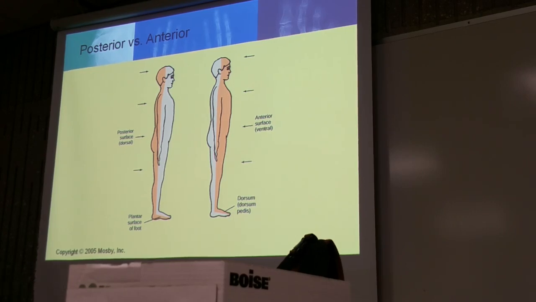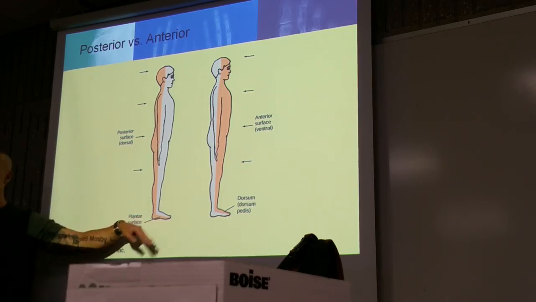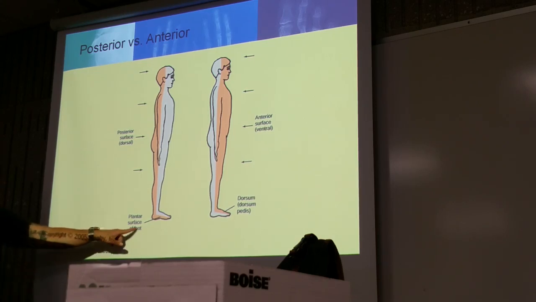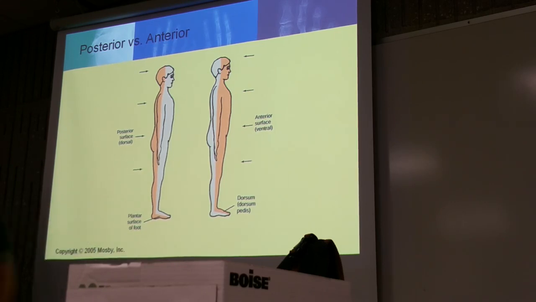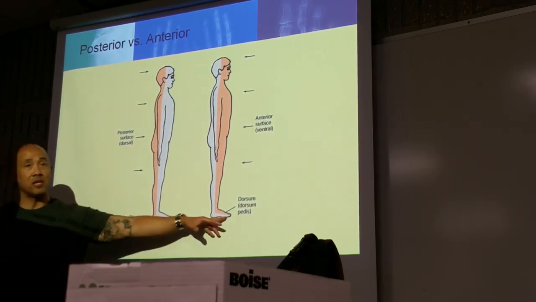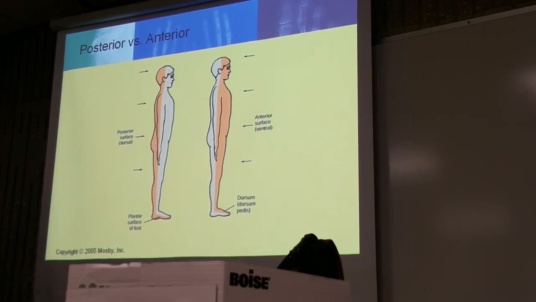So the posterior surface is also known as the dorsal surface, which includes the bottom of the foot. Now the bottom of the foot is also called the plantar surface. The anterior surface is also known as the ventral surface, and the top of the foot is known as the dorsum pedis. We use the dorsum pedis a lot, or just simply dorsum. That is the anterior or ventral surface of the foot.